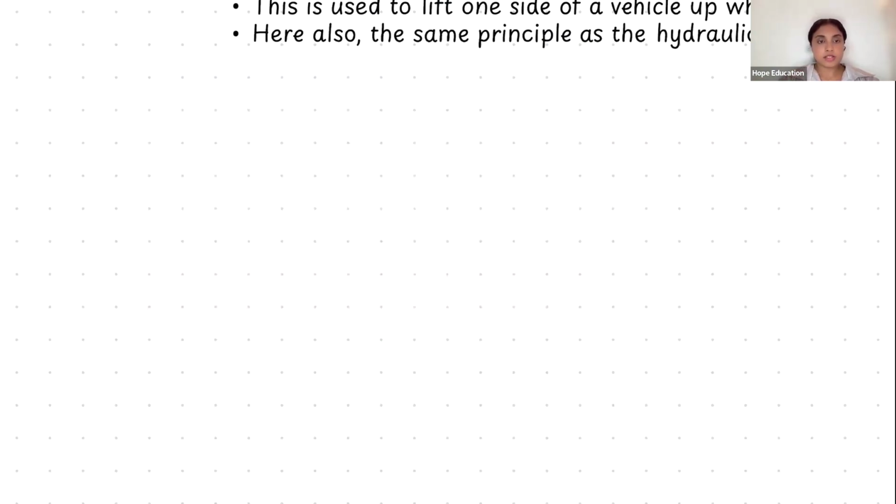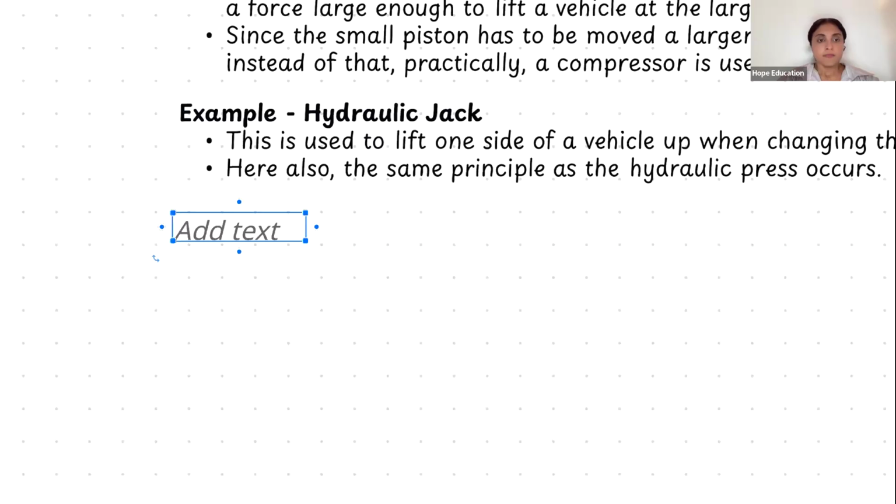Let's write that example as well. Brake system.